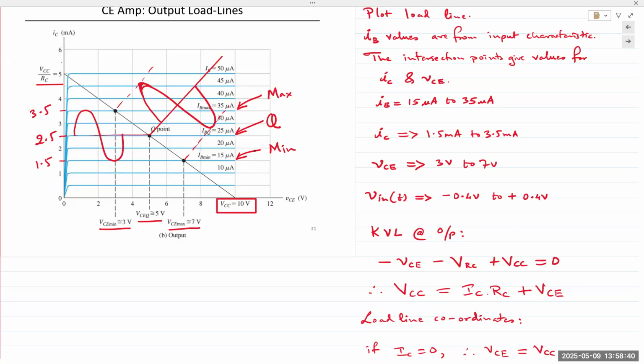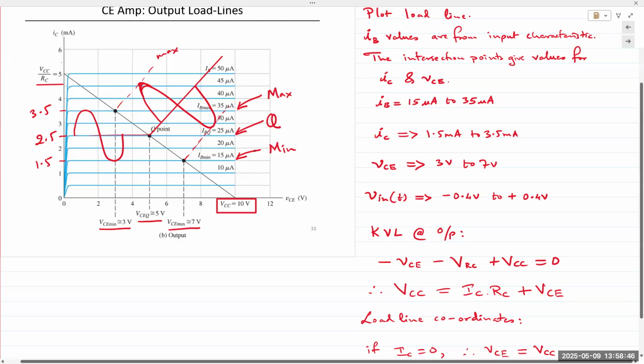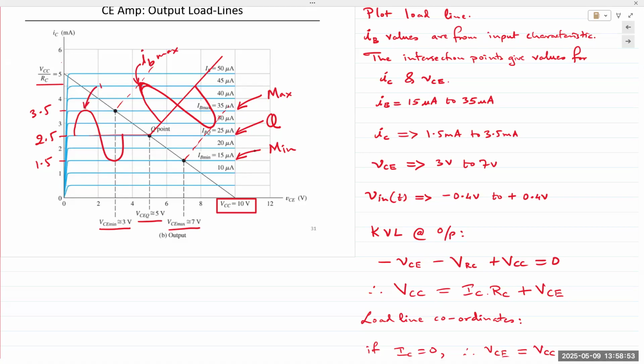So when IB goes max, this is IB max. Right? This is the max value of IB. You get a corresponding value for IC that is at its maximum. But at the same point, what do we see?